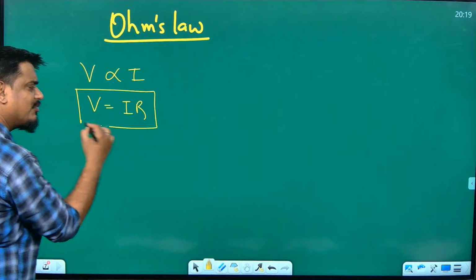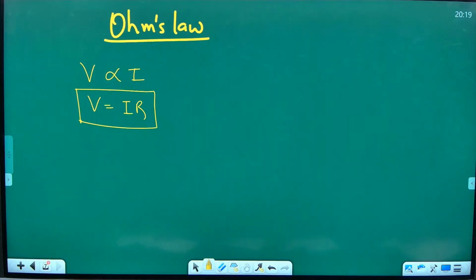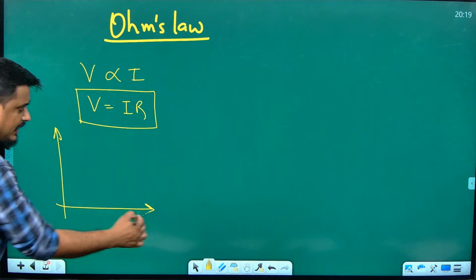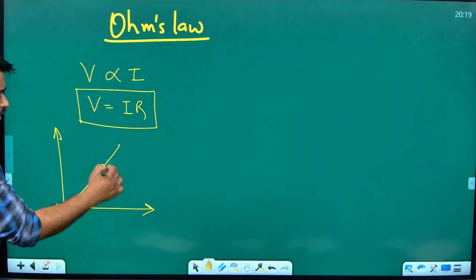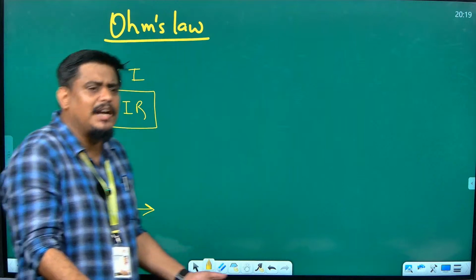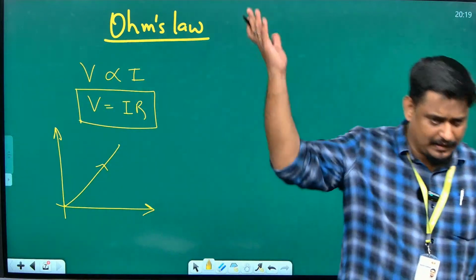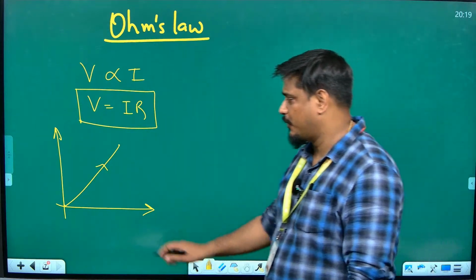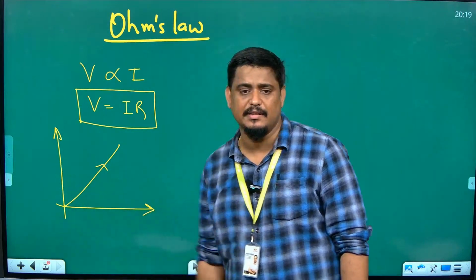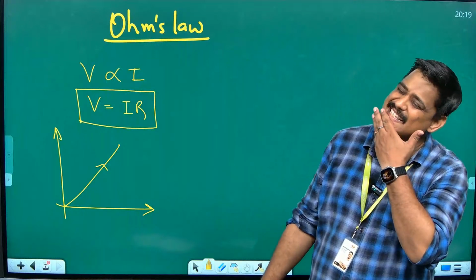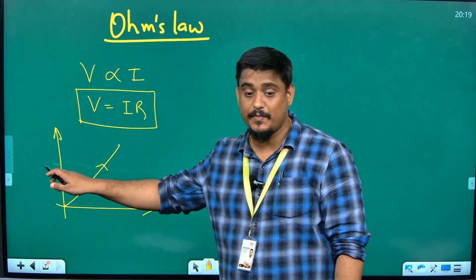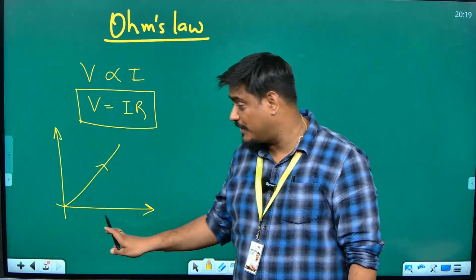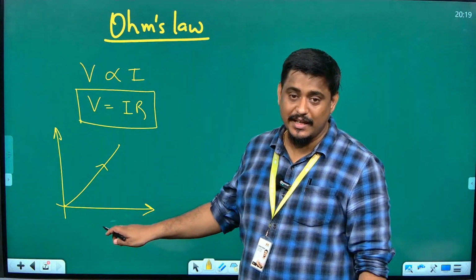Very, very basic. And the conductors or the materials that follow Ohm's law will have a proportionality curve. That is, the line will be a straight line between V and I, isn't it? That is between the potential and the current. Where V and where I? X-axis V or X-axis I? X-axis V, Y-axis I.